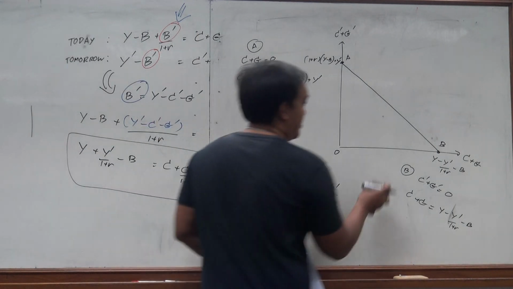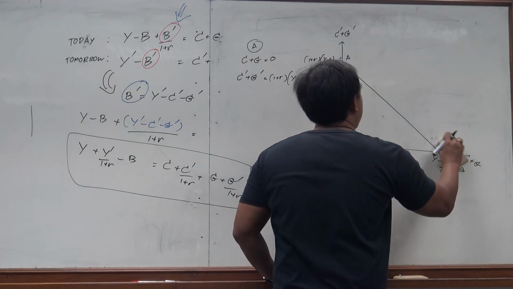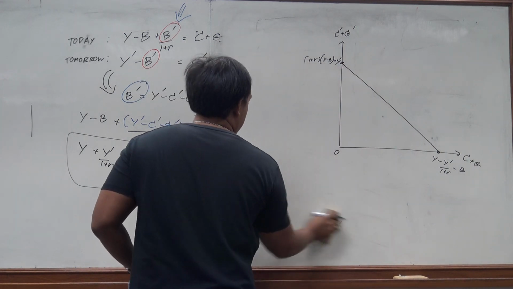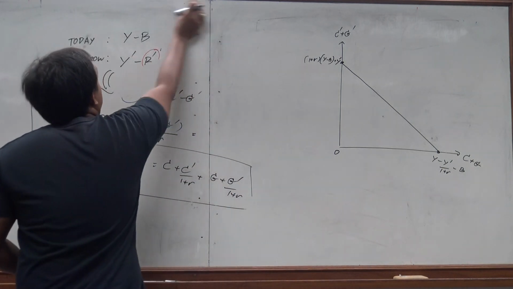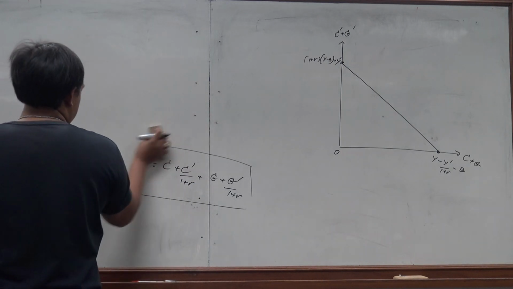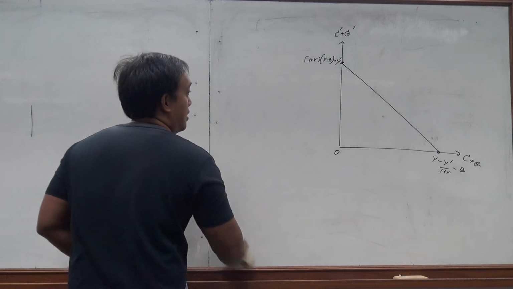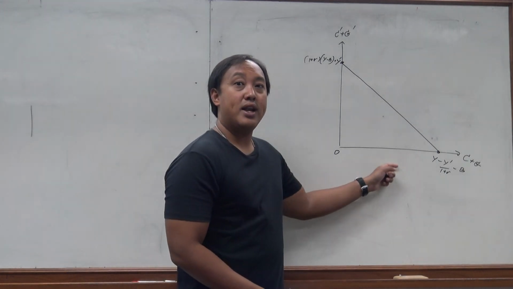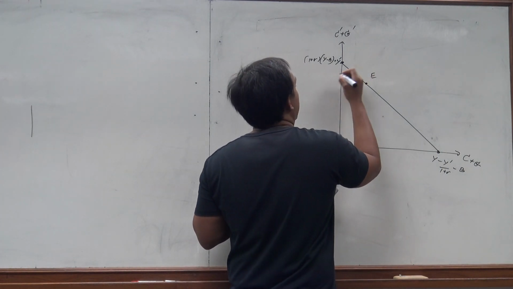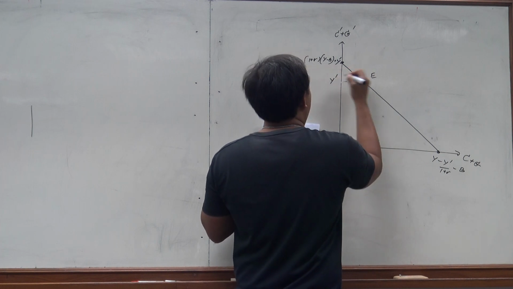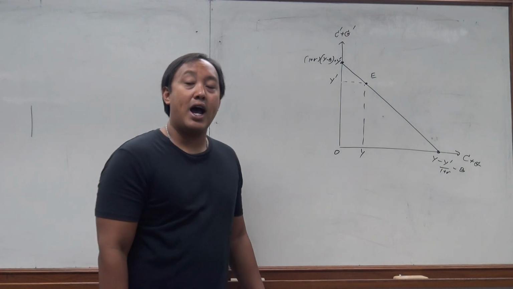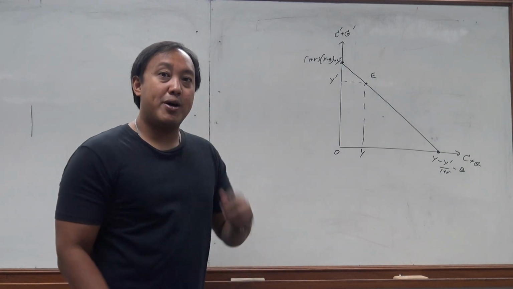After I have this, I'm going to have the endowment point, let's say E, with Y prime and Y. How much money can you borrow today?